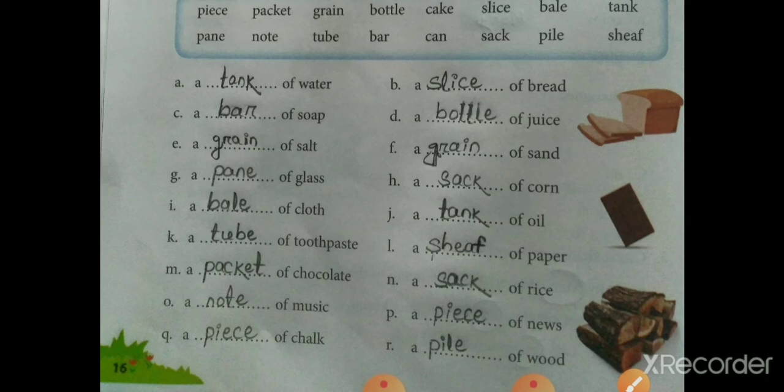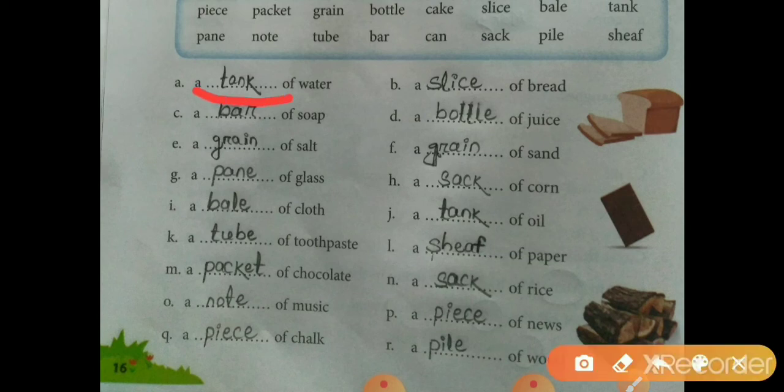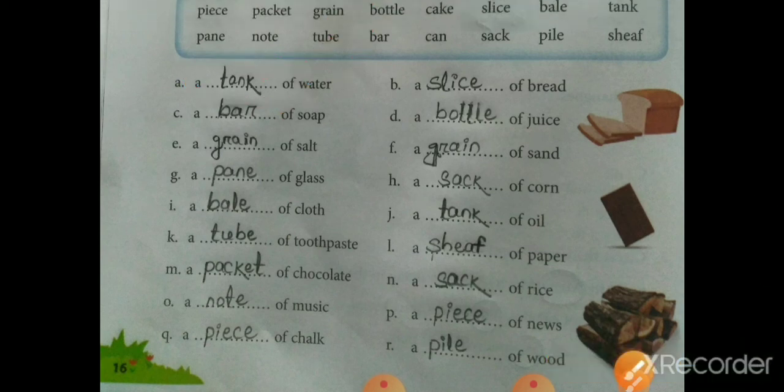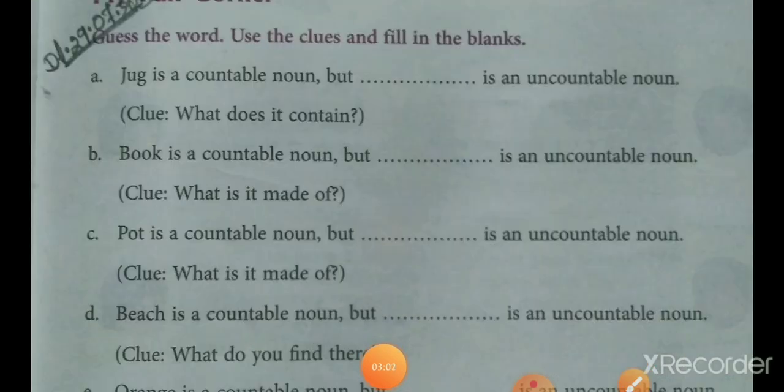A dash of news, a piece of news. A dash of food, a fill of food. You can use words many times also. You can use here a tank of water, a bottle of water, you can also write. Okay, then next, it's a very interesting exercise for you.